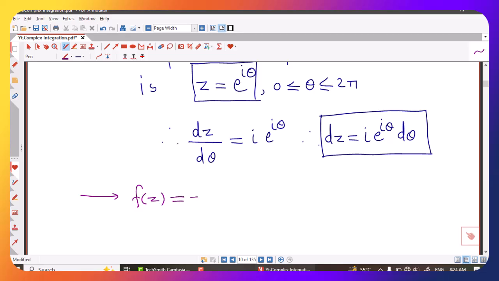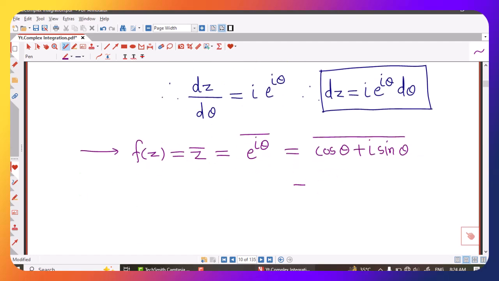f of z equals z bar, and z is e raised to i theta, and we are considering the conjugate of e raised to i theta. We can write e raised to i theta as cos theta plus i sin theta, and the conjugate of cos theta plus i sin theta is cos theta minus i sin theta.